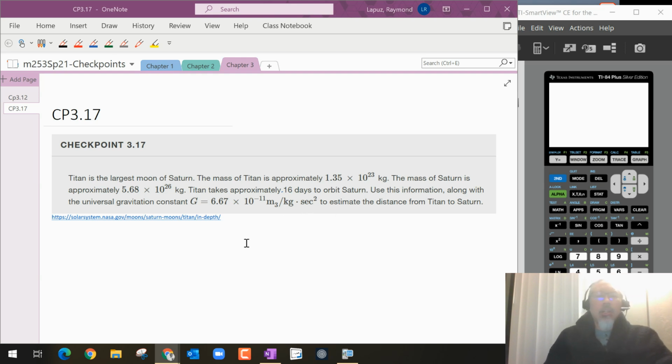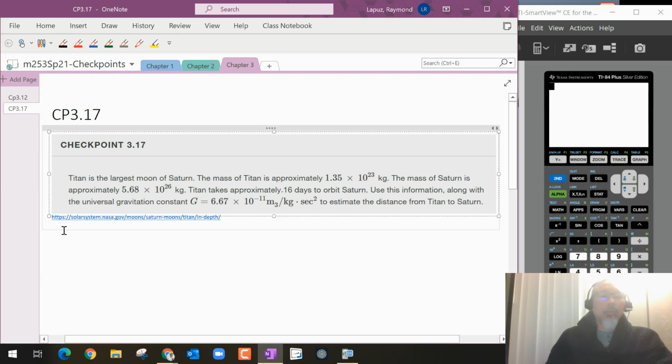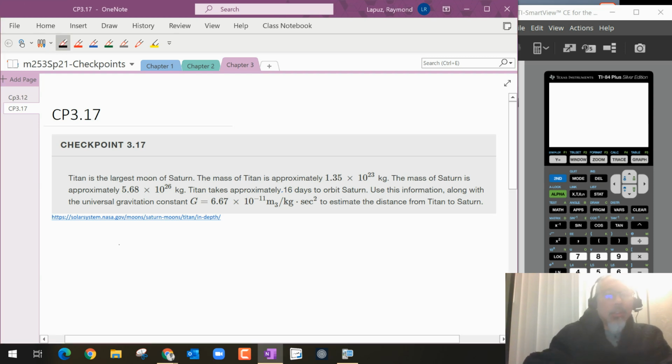So we need to use a formula, and the formula that we'll use kind of looks like this. P is the period that it takes for a mass to go around another mass, a bigger mass, to orbit something.